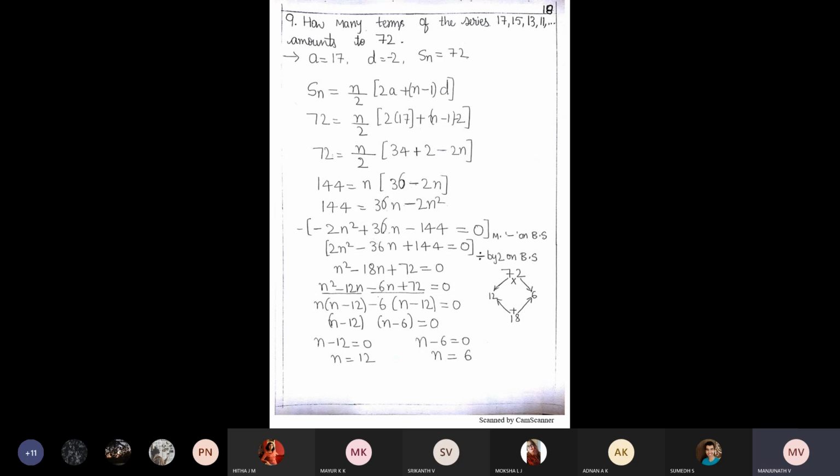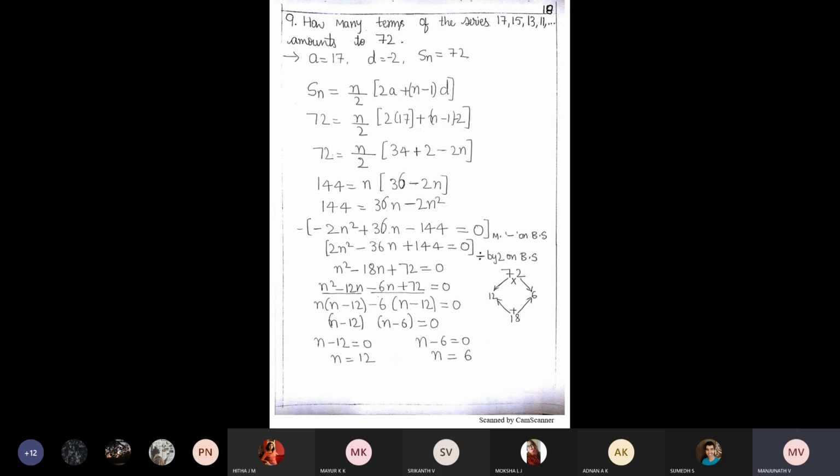For that, what are we doing? We multiply throughout by minus. That's the best way to do it. Multiply by minus on both sides. Zero is of neutral sign; we consider it irrespective of minus and plus signs.